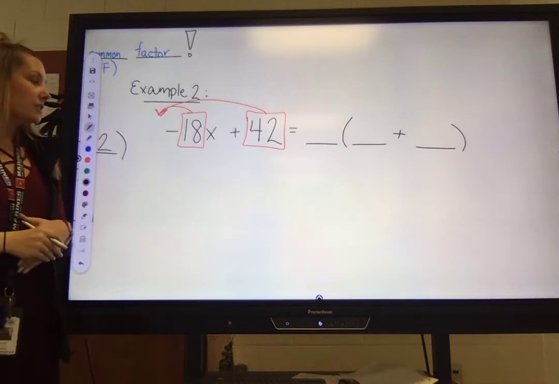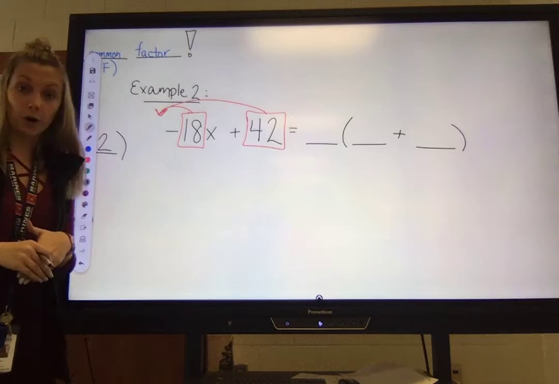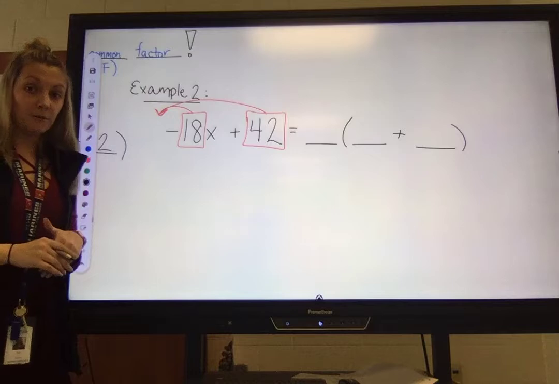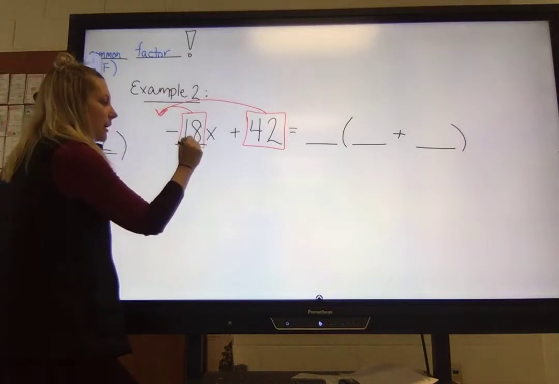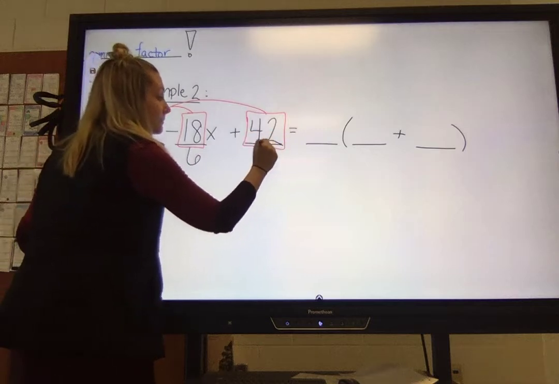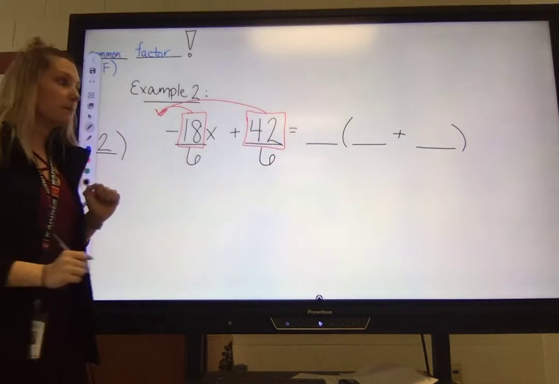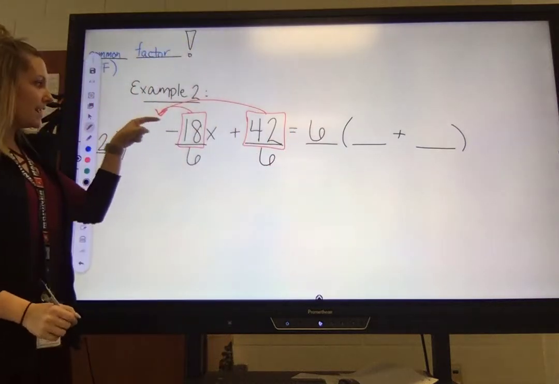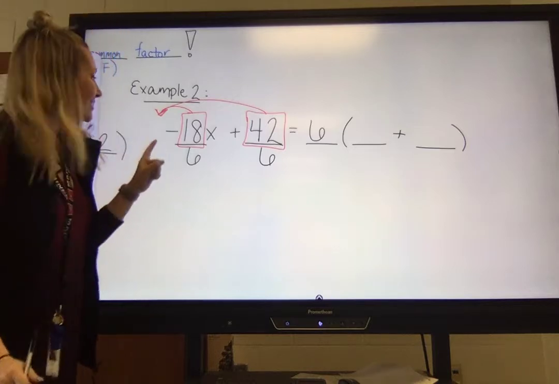So again, I could say, okay, 2, right? I could divide both of these by 2 and that would work. But there's actually a bigger number. We have a bigger, greater common factor that we can divide out of both of these. So what I'm going to do is I'm going to divide both of these by 6. Okay? So since 6 is our number that we're dividing both by, 6 is going to go on the outside. I'm going to do negative 18 divided by 6 because we have this negative symbol right there on the outside.